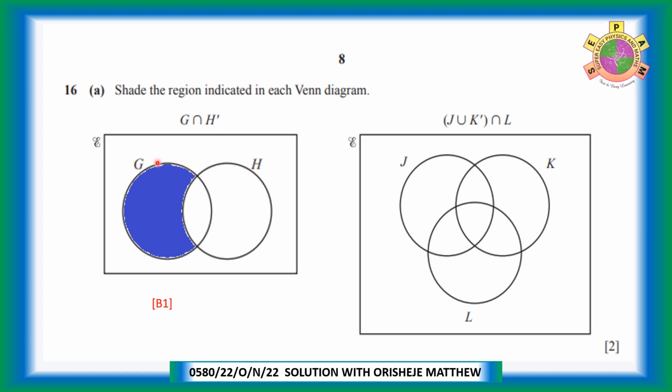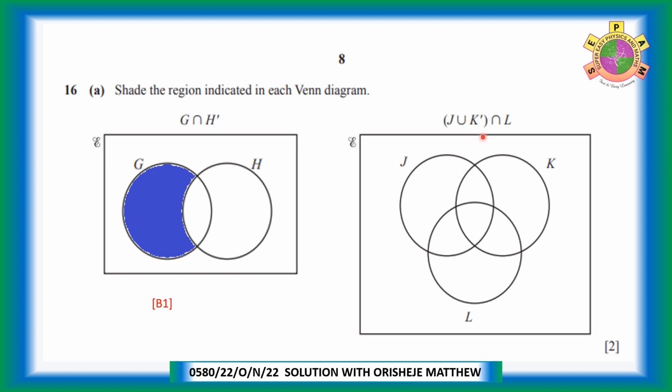And then the intersection of G with that H prime is this portion of G that is not in H. So the blue portion is the shading for this.